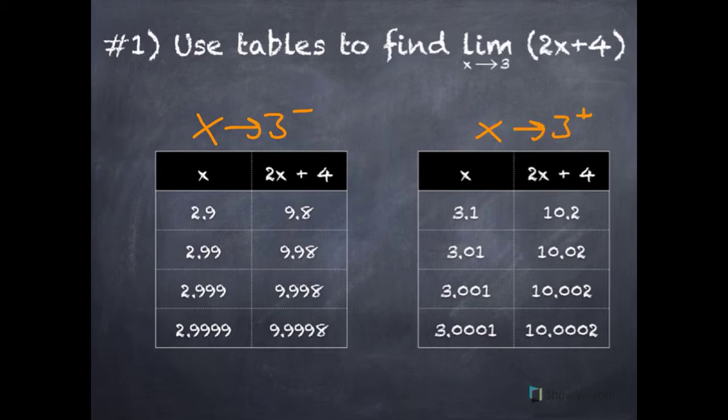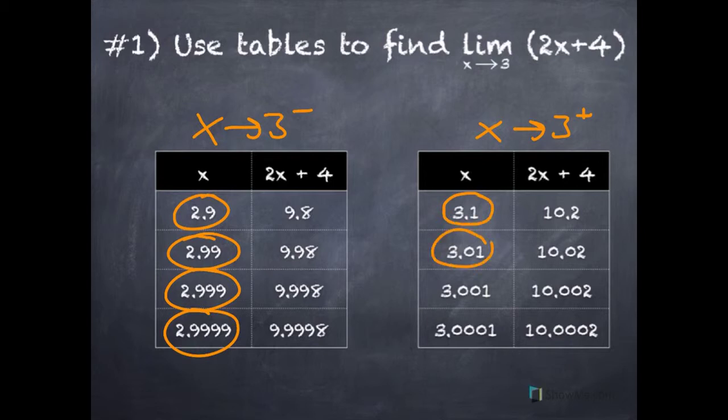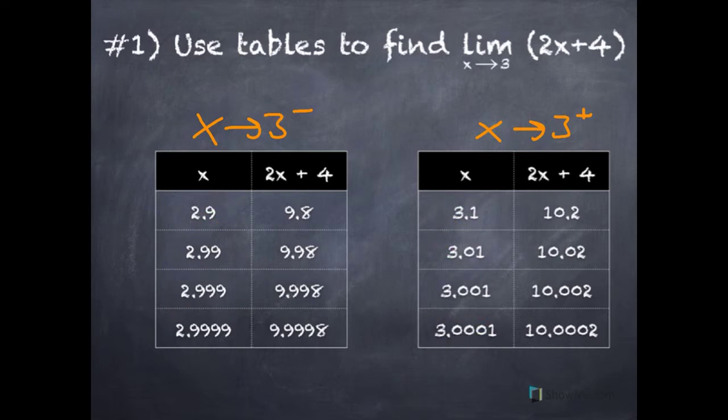As you approach 3 from the left, we can see here, we got 2.9, 2.99, 2.999, 2.9999. We're getting closer and closer to 3. And over here, in this table on the right, we got 3.1, 3.01, 3.001, 3.0001. The numbers here are getting closer and closer to 3 from the right.